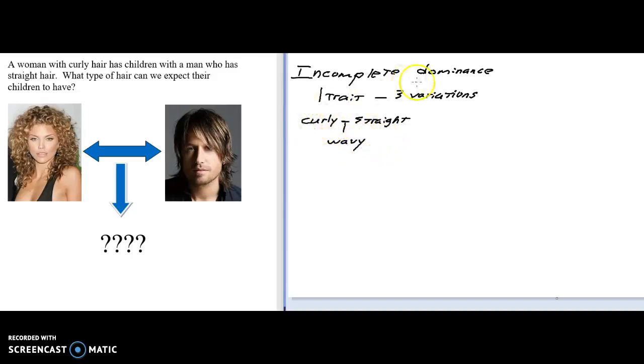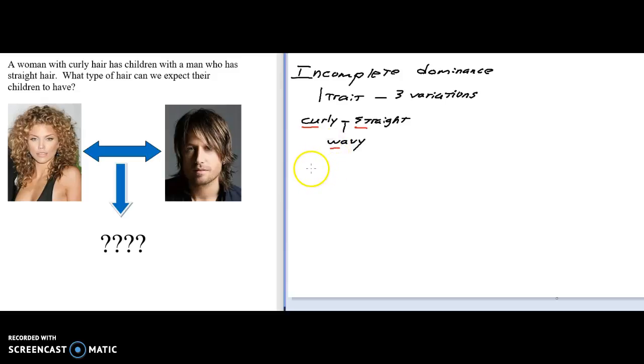So here's one variation of hair that's curly, another variation straight, and then a third variation wavy. Now generally the third variation is going to be the heterozygote, or the combination of curly and straight to produce wavy.